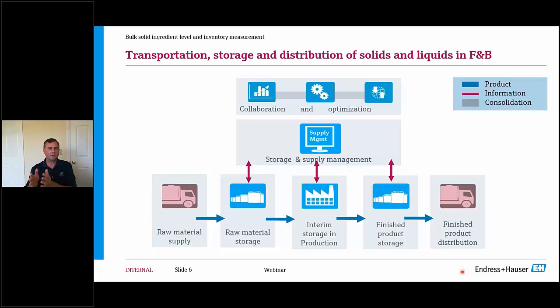And for each step, you need to keep track of what you have on hand, where was it used, and how much is going where. And then that all bubbles up into the top level of planning and reordering and so on. So there are multiple different spots where it might be necessary to keep an eye on the inventory levels.